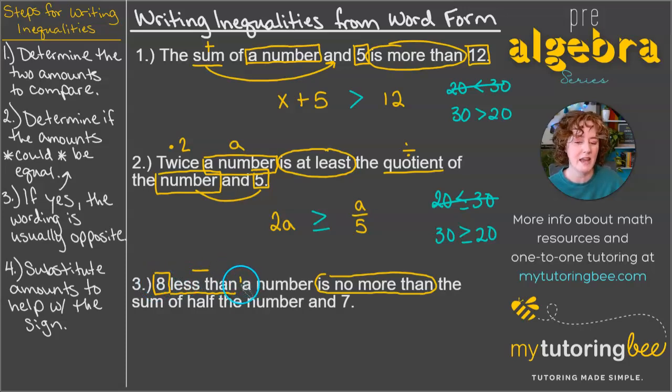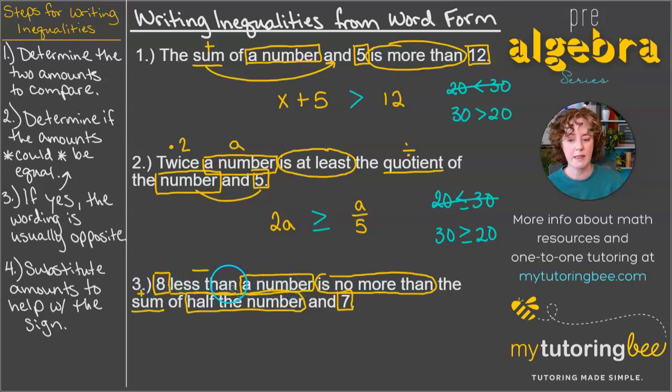So let's see what we're subtracting. 8 less than a number, so this is going to be my variable. The sum, again, is our addition keyword. What are we adding? Half the number, and 7. Whenever we have the sum of two or more amounts, the "and" tells us what amounts we are adding. 8 less than a number is another one that's tricky.